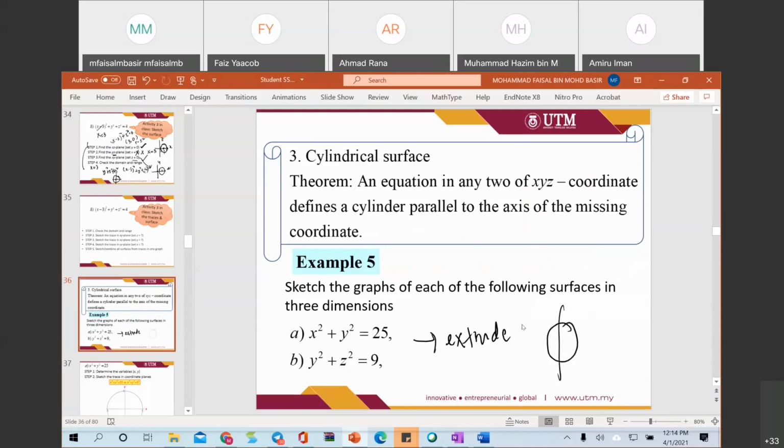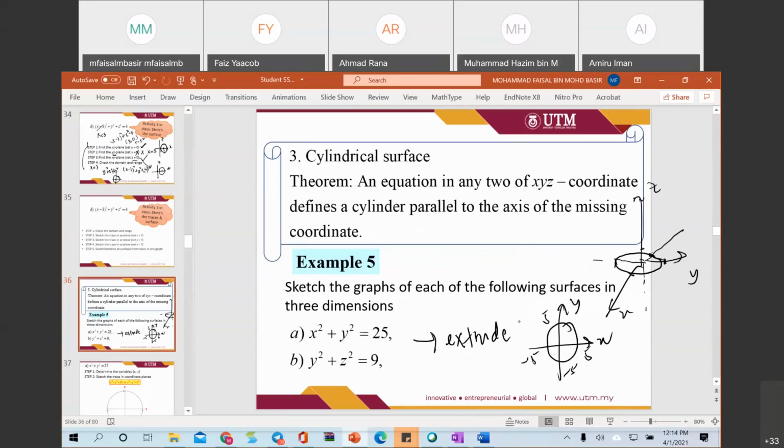It is just a circle, right? In xy with radius 5, negative 5. But when you draw in 3D, as I told you, when you draw in the xy plane, the x should be smaller than y.